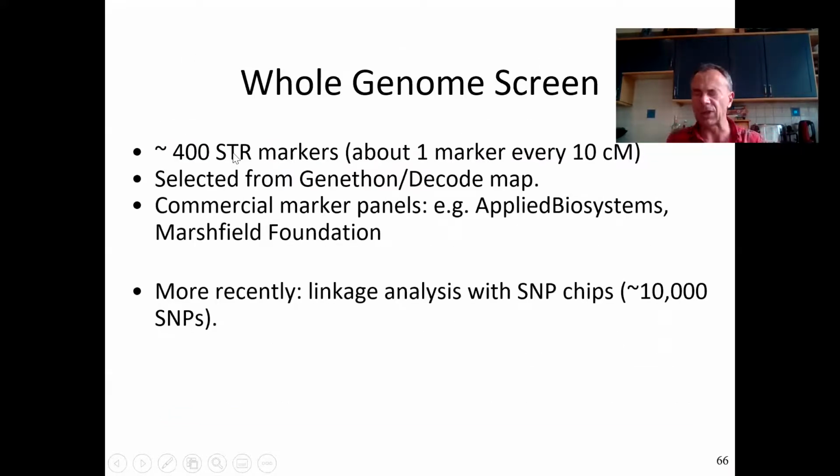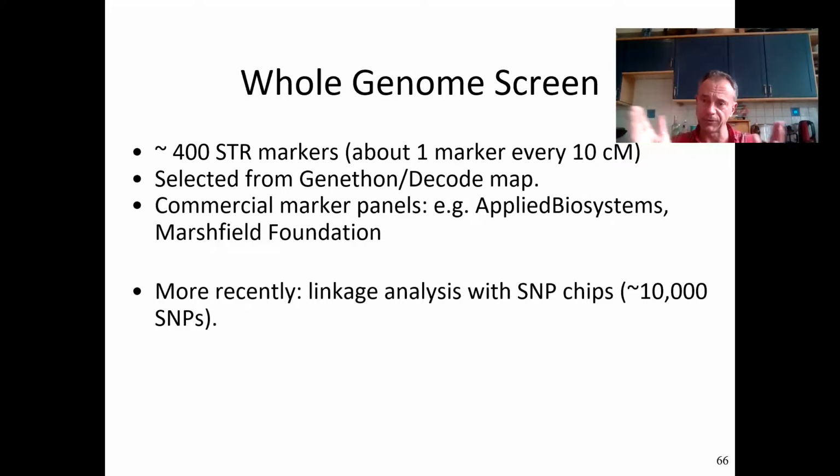Cool. Now, if you don't get lucky, then what you have to do, as I said, is cover your whole genome with markers. And this is what we came to do routinely. We'd have 400 microsatellite markers, where STR stands for short tandem repeat. So it could be a dinucleotide repeat, CA, or a tetranucleotide repeat, CATC, whatever.